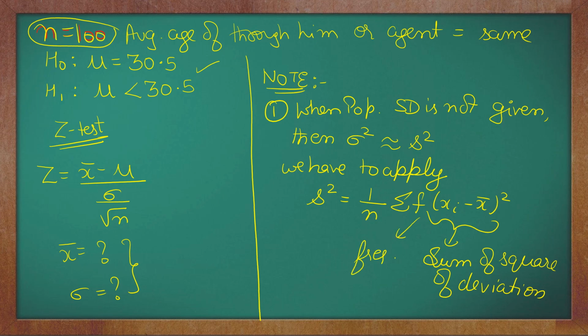Okay, so let's solve this question now. In this question, age is given to me, and frequency is given to me. What I need to calculate is x bar.